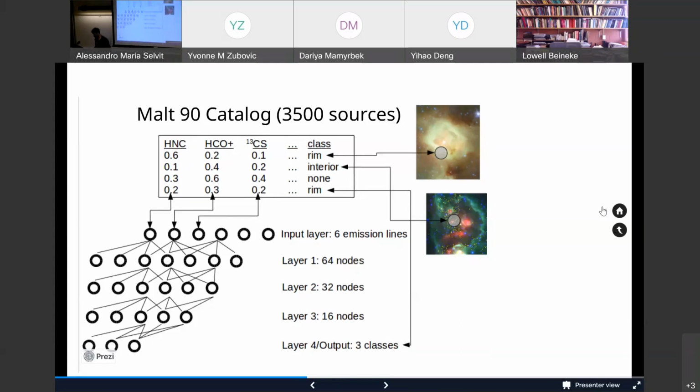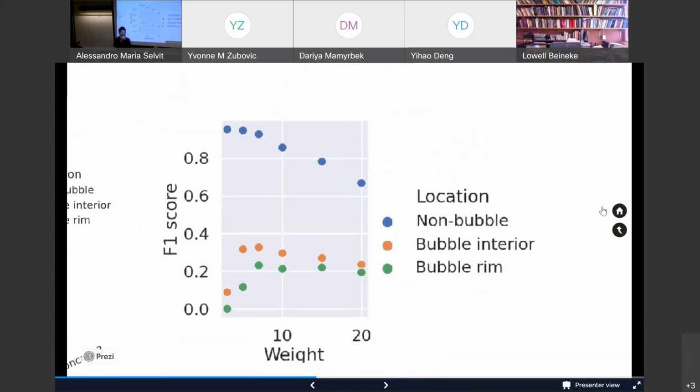Okay, so the training process is subtle because, to 90% accuracy, bubbles don't exist. That is, most of these sources are not bubble associated. So when you're trying to figure out the weights, most of the time, if you just let it go, it'll say none of these, they're all not bubble associated, or it'll have a very hard time finding the interior and the rim, the most interesting sources.